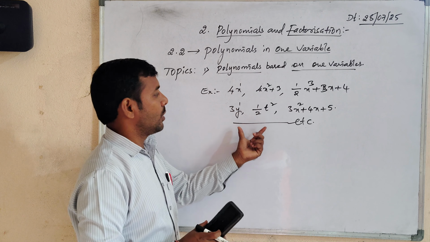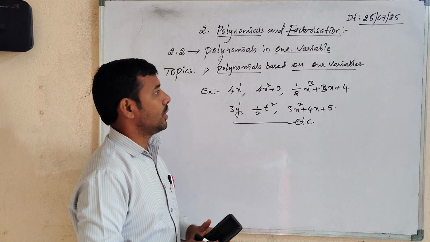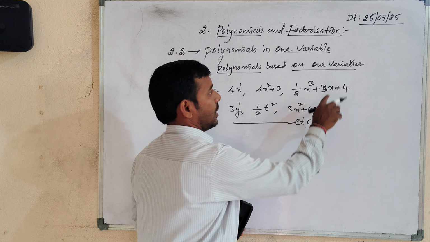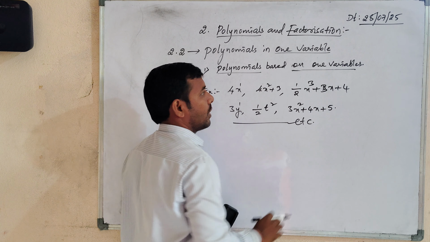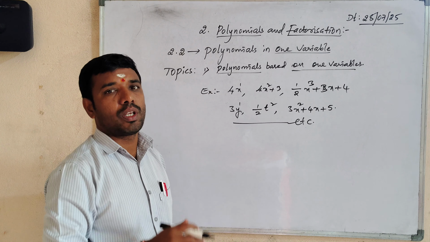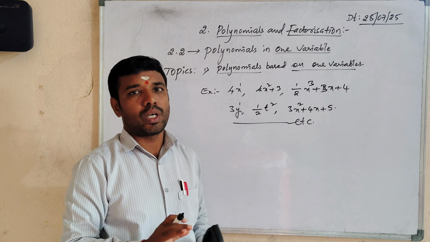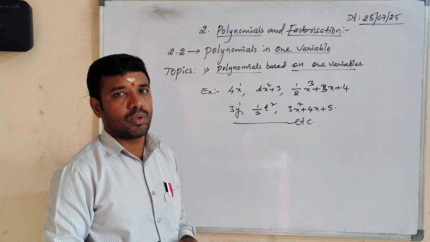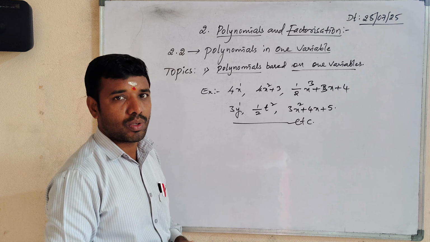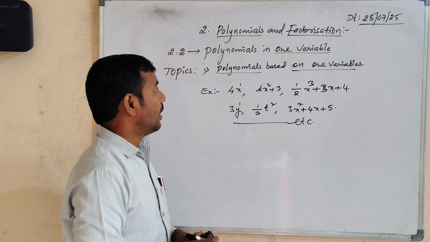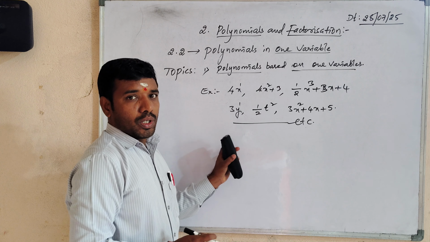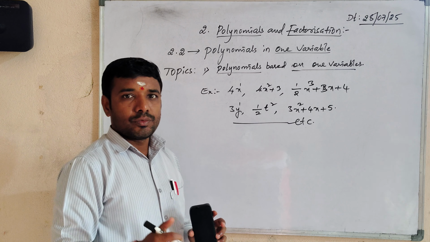It should be a polynomial first, whatever you are taking as an example. And one more condition, it should have one variable. Whatever the variable you consider, one variable is required in the polynomial. Okay? I think you understood.